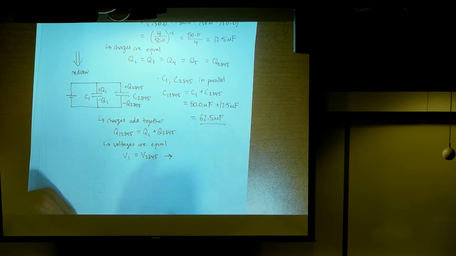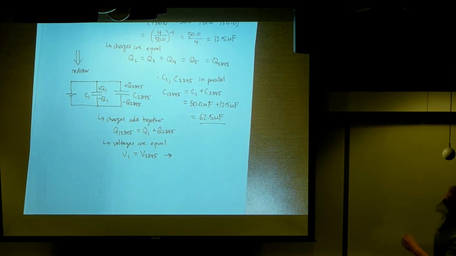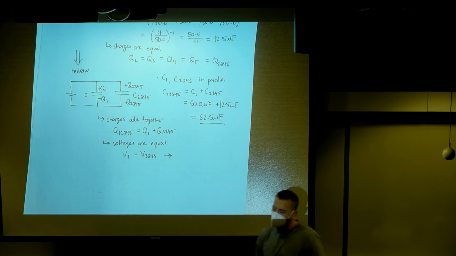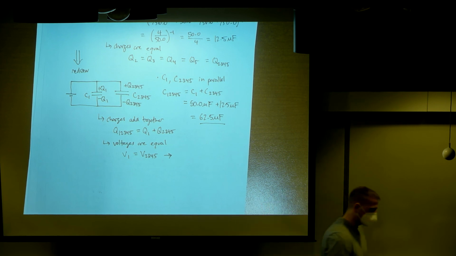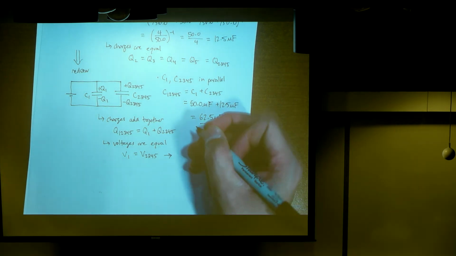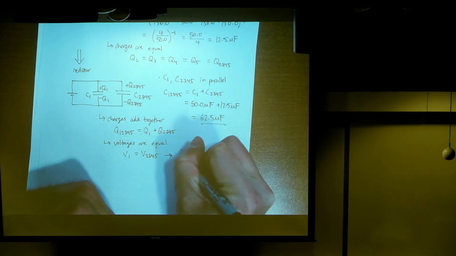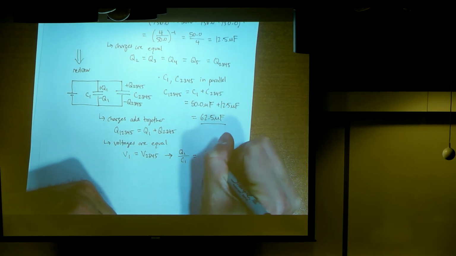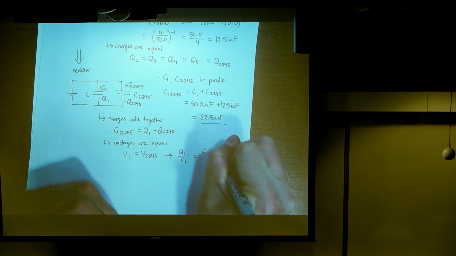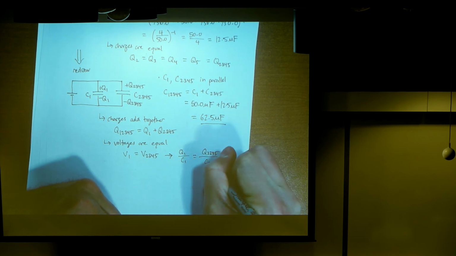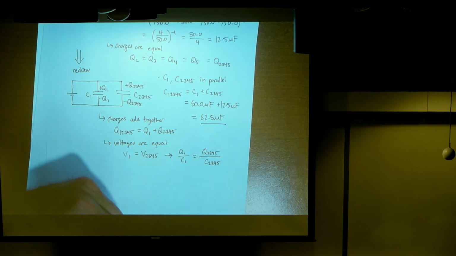And what we're trying to solve for is charge. So remember, how do I write the voltage across a capacitor in terms of the charge on it? Q over C. So I have Q1 over C1 equals Q2, 3, 4, 5 over C2, 3, 4, 5.